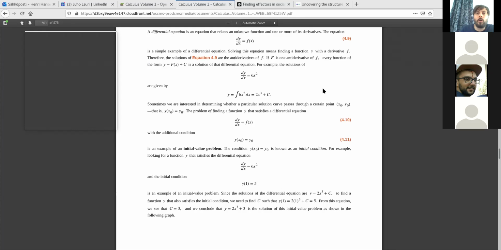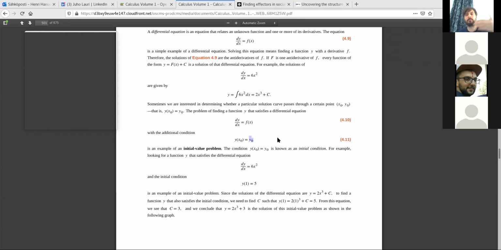But we don't know what the solution is, because if we just apply the antiderivative, we get one of them. We don't know which one it is. There's always that constant.